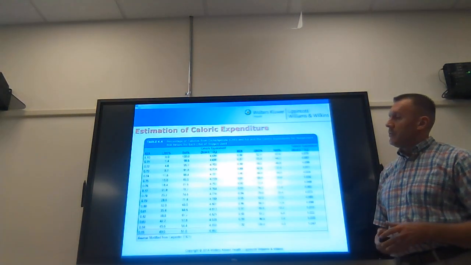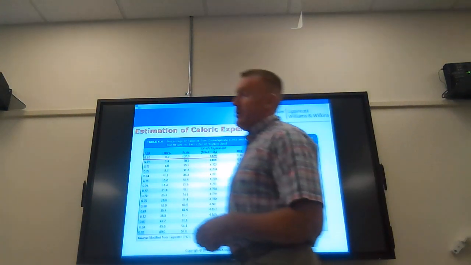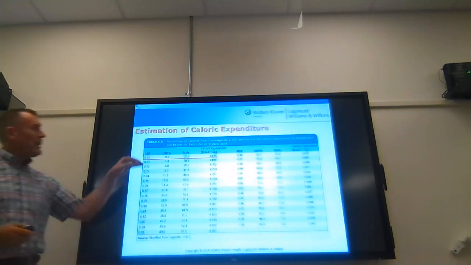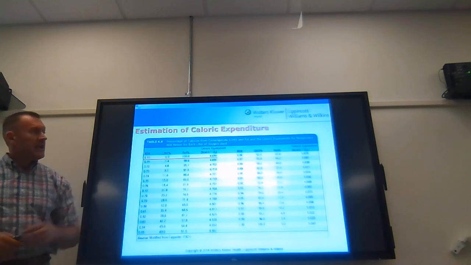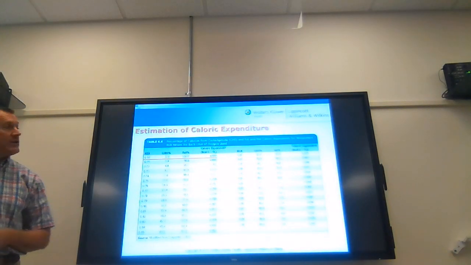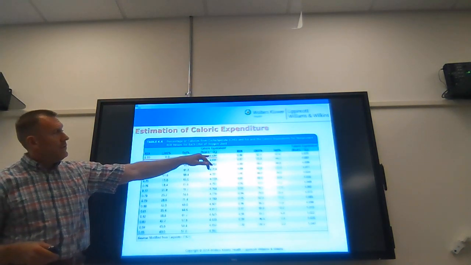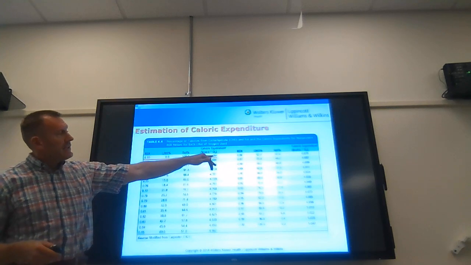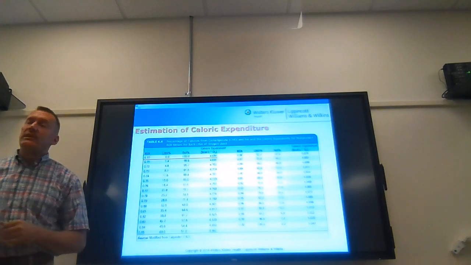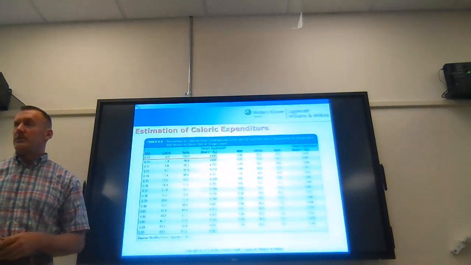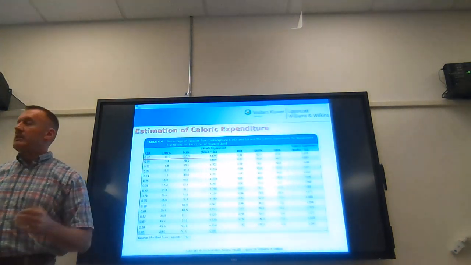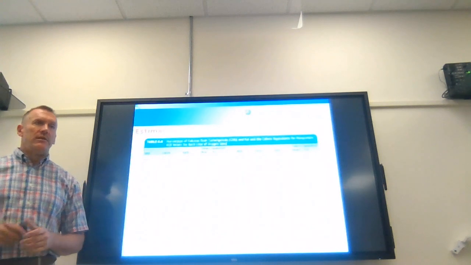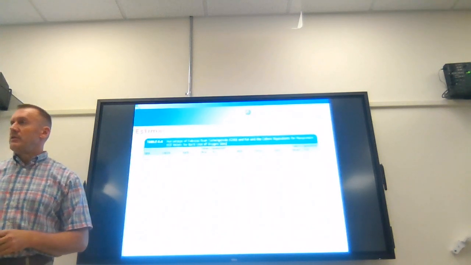You just told me correctly that with a respiratory exchange ratio of 0.7, you're utilizing 100% fat, which equates to 4.686 calories expended per liter of oxygen consumed.